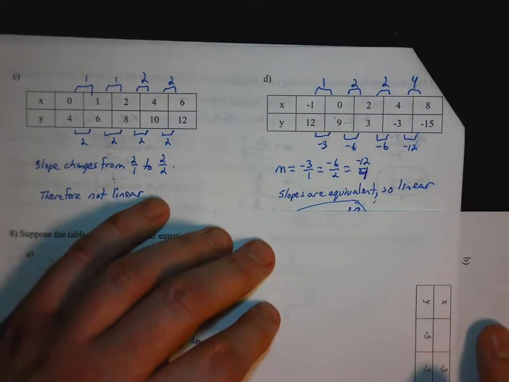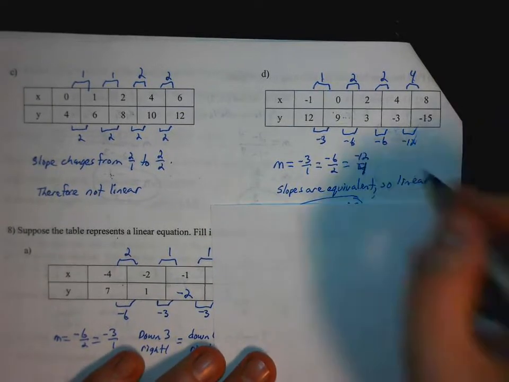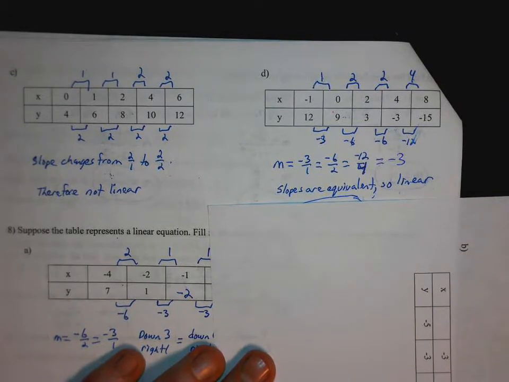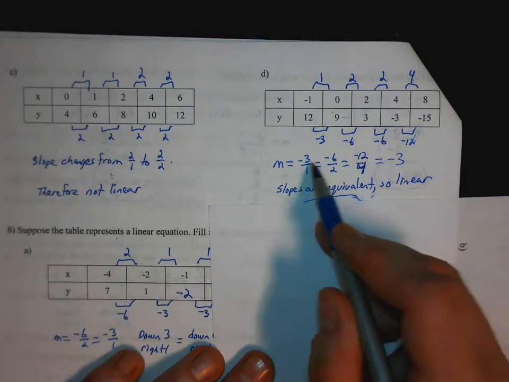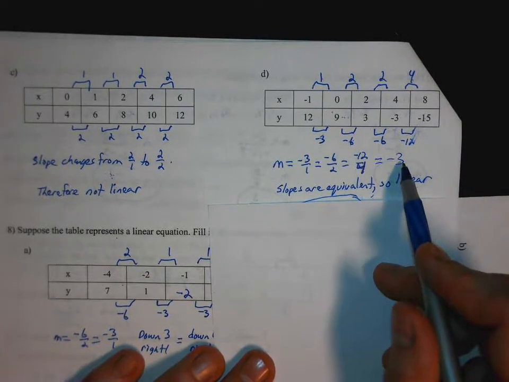They all reduce to negative 3. So the slopes are all equivalent. So we have a linear relationship. Okay, and that's something that's very tricky for people to understand, but it has to do with those ratios reducing to the same value of negative 3 in this case.